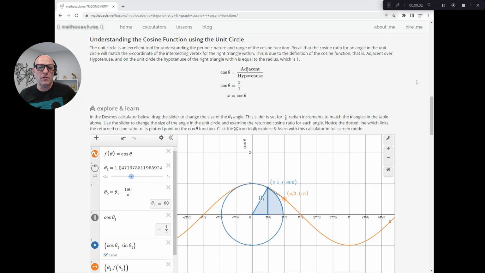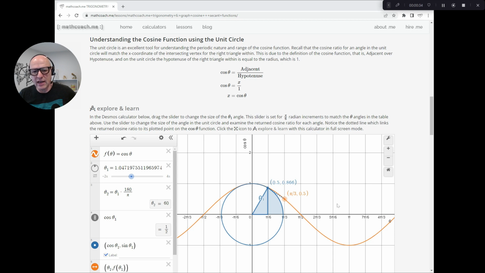Again, we'll use the unit circle to understand the graph of the cosine function. And as a reminder, on the unit circle, which I have here, the radius is 1, and the cosine of an angle, cosine of theta, is adjacent over hypotenuse. And on the unit circle, for this angle here, right now set to 60 degrees, the adjacent side is my x-axis.